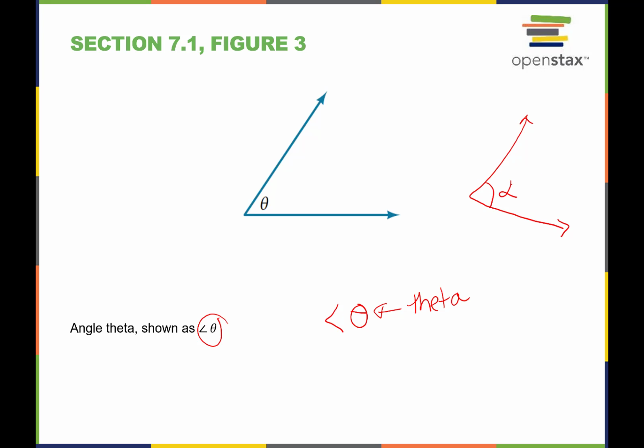Let's say I call it alpha. So this angle here, the notation would be angle alpha. Or I don't have to use Greek letters. Maybe I want to label it as angle A. So if this angle here is A, then I would write it as angle A. So that's just our notation for how we write down our angle.